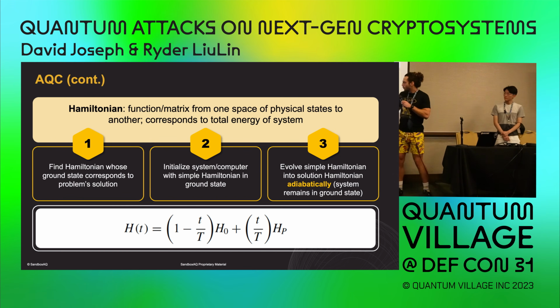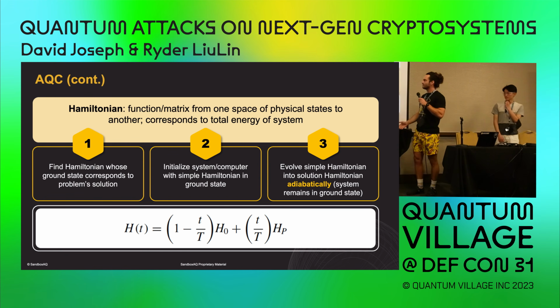So what I just said, this here would be your initial Hamiltonian, H0, which might be the equal superposition of all states. HP is the Hamiltonian, a system that represents your hard problem. We've got a definition of it: a function or matrix from one space of physical states to another, corresponding to the total energy of the system. To me, that doesn't mean too much.